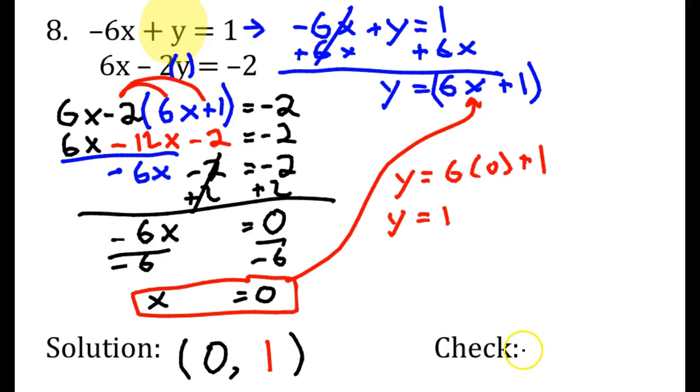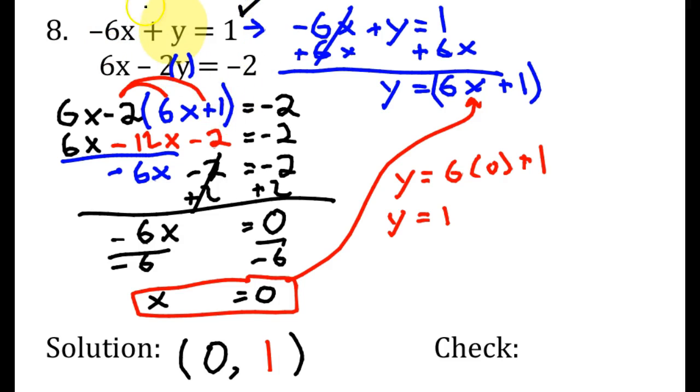Now there's the check of the graph on the back, but there's also just the mental check. On your test, you're not going to have the answer key on the back somewhere, and you can just match it up. So how do you check if you don't have the graph like today or the check like yesterday? Just plug it in. X is 0, y is 1. So we got negative 6 times 0 is 0, plus 1 equals 1. So that checks out.